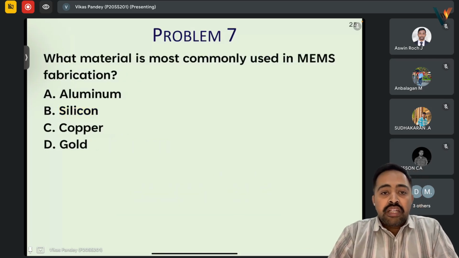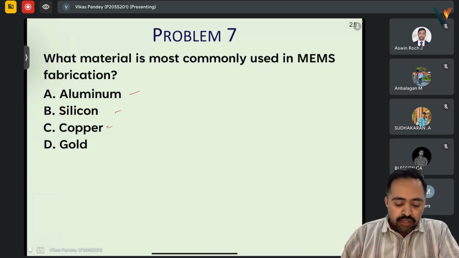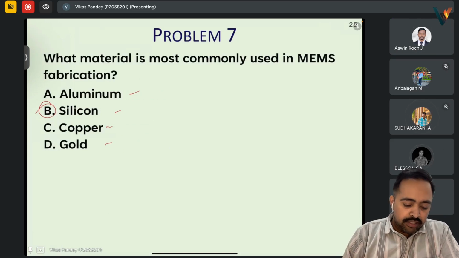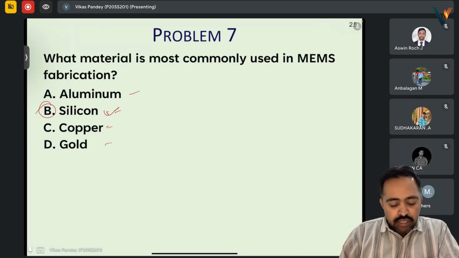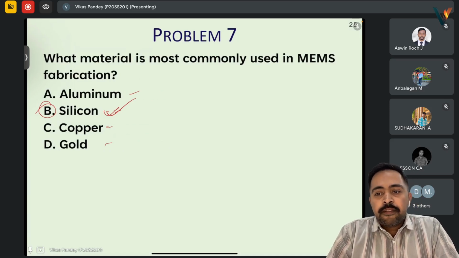What material is most commonly used in MEMS fabrication? Aluminum, silicon, copper, or gold? Silicon. Yes, very good. And why is it so? Anyone? Because it is a light-based material.